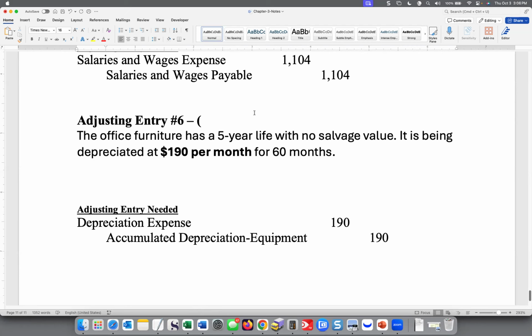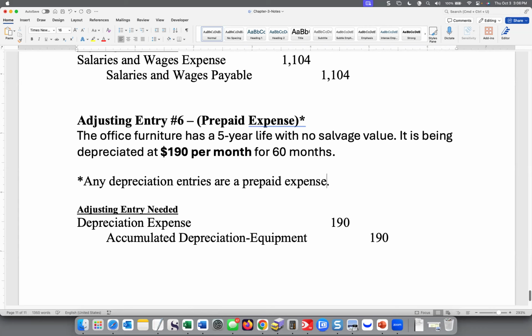So this is a prepaid expense type of an adjustment. So, a little blurb in the notes. Okay, I'm going to put a little asterisk up here, and I'm going to put that down there. Any depreciation entries are a prepaid expense.